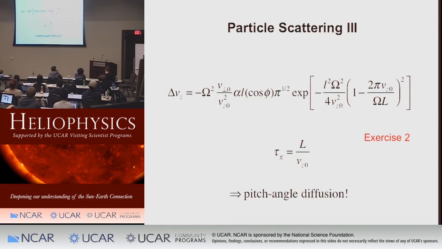But the thing that's important here is this cosine of phi. Phi is the phase shift between the particle's gyration and the wave's gyration. Depending on the value of cosine phi, this can be positive or negative, and since it's a cosine, you're equally likely on average.